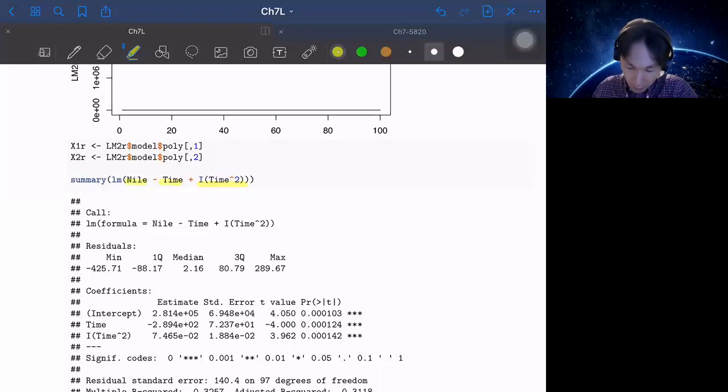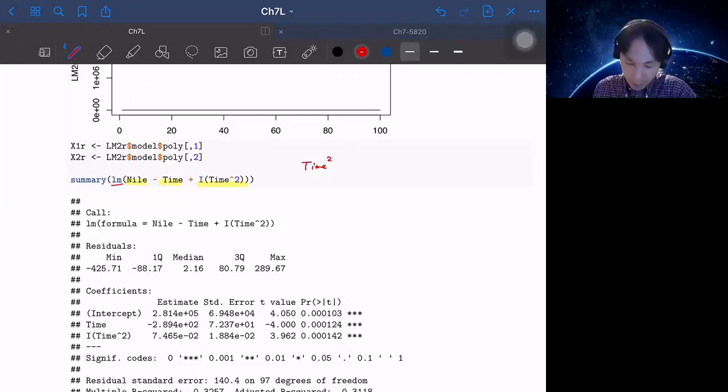So if we include the square of time, then you have to put I. Yeah, so this is just our format. So if you want to just see the square of time, then you can just type the time square. But if you want to put it in an LM function, then you have to put I parentheses.